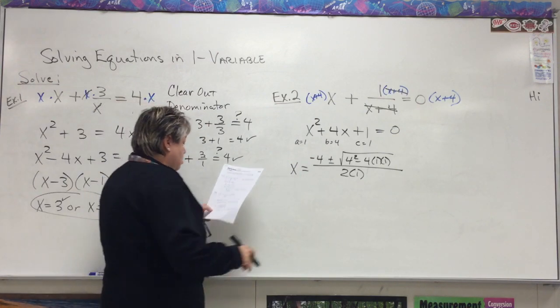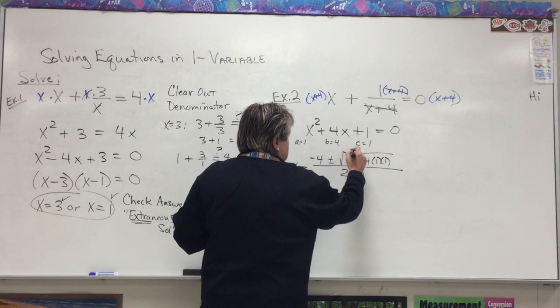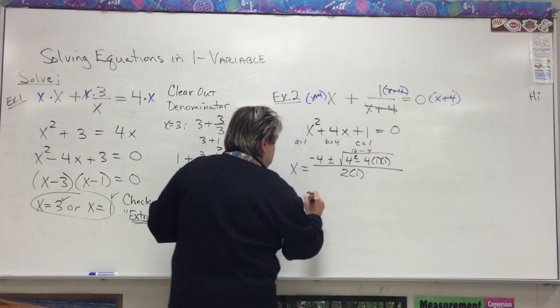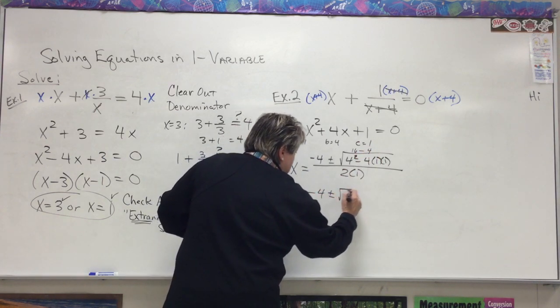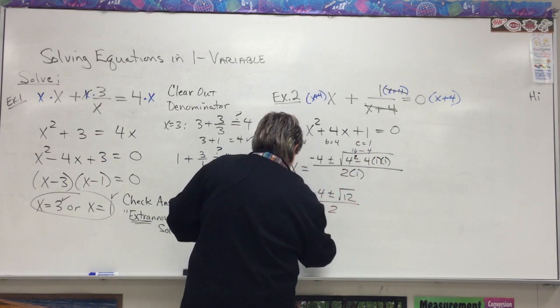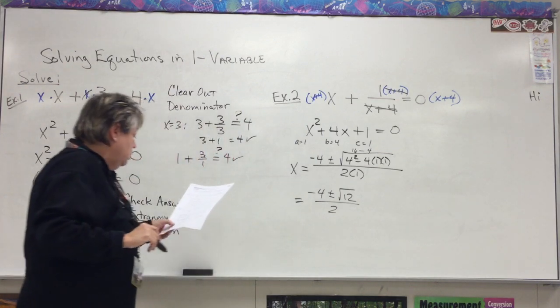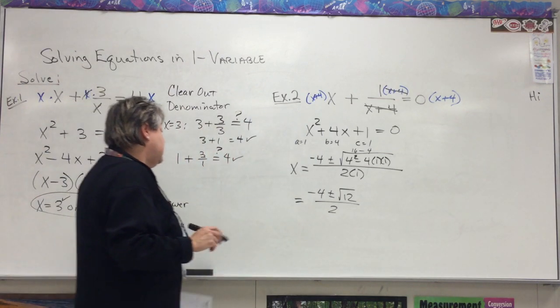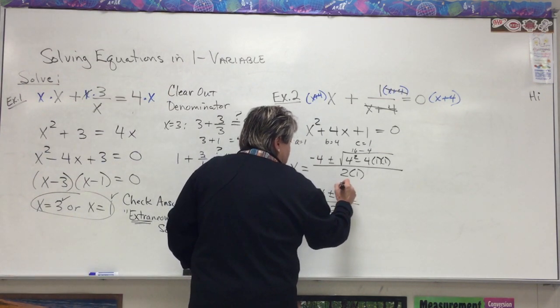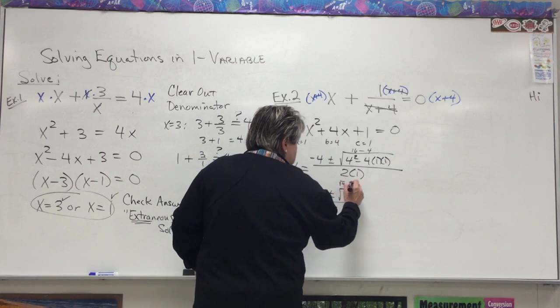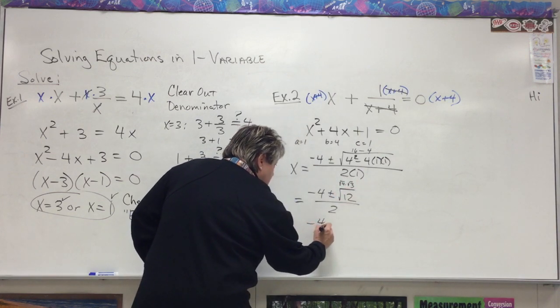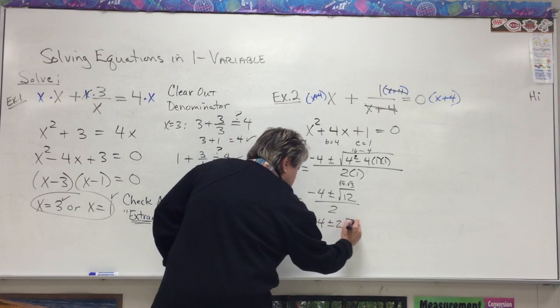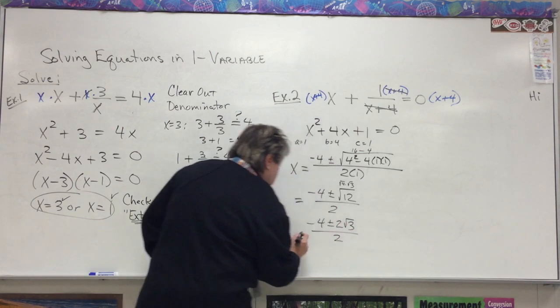Okay, so if we keep going, inside of here it comes out 16 minus 4, which is the square root of 12, all over 2. Okay, so then if you simplify that down, in 12 you've got the square root of 4 and the square root of 3, so negative 4 plus or minus 2 radical 3 all over 2.